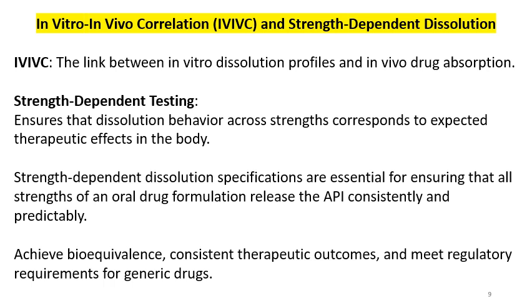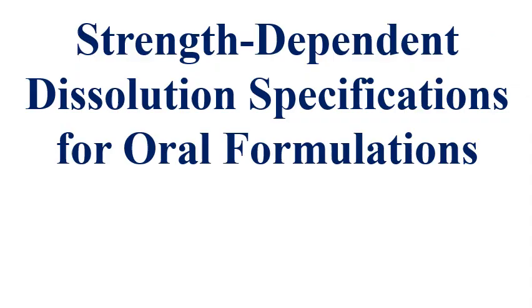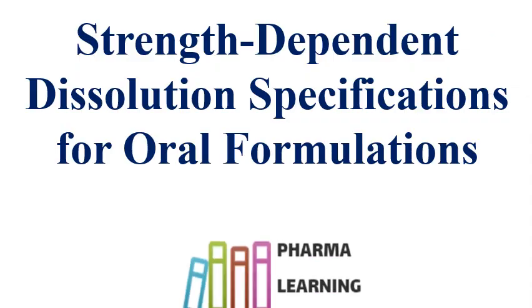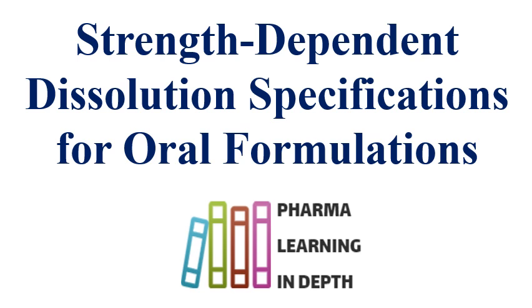Strength dependent dissolution specifications are essential for ensuring that all strengths of an oral drug formulation release the API consistently and predictably, achieve bioequivalence, consistent therapeutic outcomes, and meet regulatory requirements for generic drugs. So this is very important, that strength dependent testing should be performed. The strength dependence of the formulation has to be evaluated in detail.